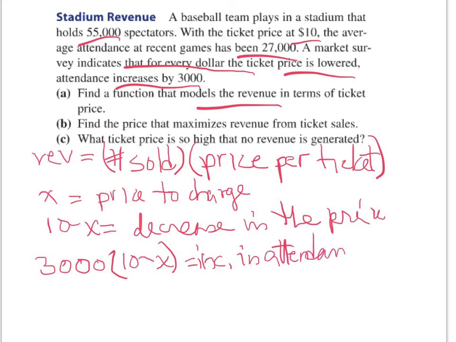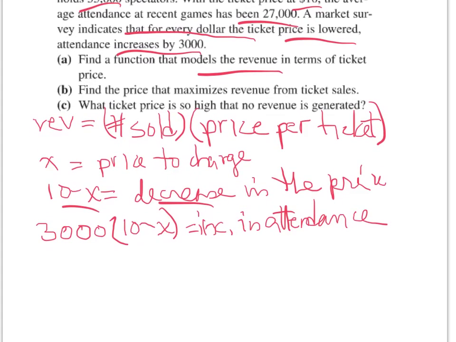So we're going to get 3,000 times every dollar that we decrease the price. This is the number of dollars that we decrease the price, so we get 3,000 times that much as an increase in attendance. And so the new attendance is the same 27,000 people as before, because they'll still buy tickets. But now, since the price has been lowered, we will attract that many more people, and that's going to be our new attendance.